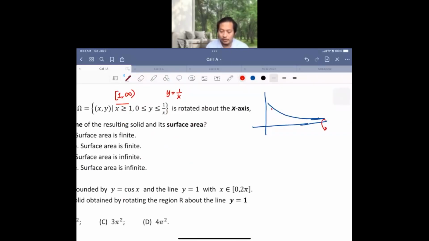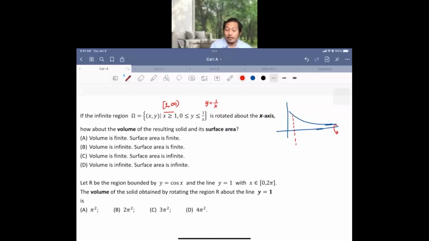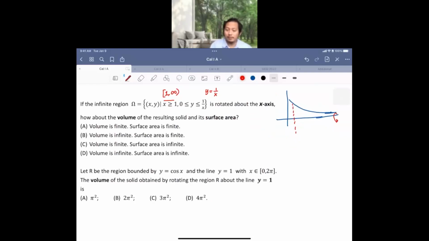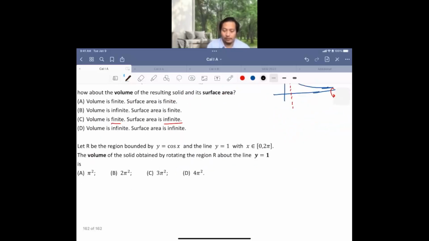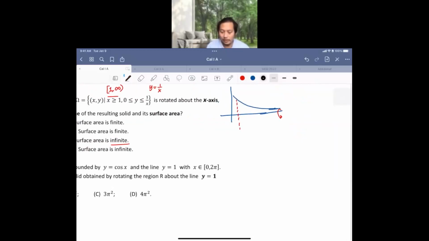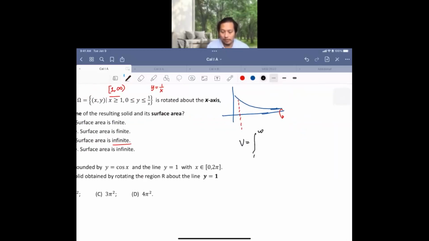And we need to compare the surface. As we mentioned at the beginning, the surface is supposed to be infinite and the volume is finite. So I think we can conclude that, or if you want to prove, we could prove the volume by taking this integral of pi times the radius, the curve itself, squared, dx.